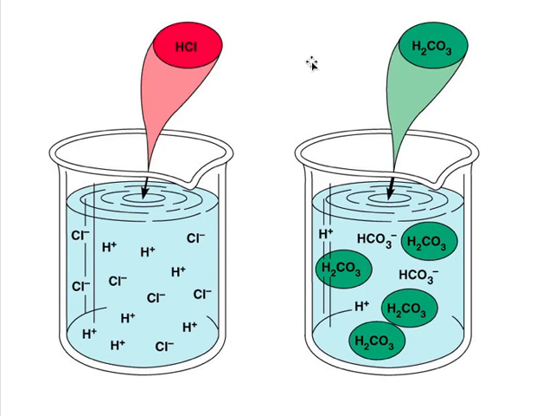Let's take a look at the right-hand side. This one is a little bit trickier to understand because I think that you're used to things dissociating irreversibly. That's kind of how equations work in your mind. So now you need to look at a reversible equation. We're going to take this weak acid, carbonic acid, H2CO3, and place it in the beaker, and you can see that it does partially dissociate into hydrogen ions and our friend the bicarbonate ion, H+ and HCO3-.